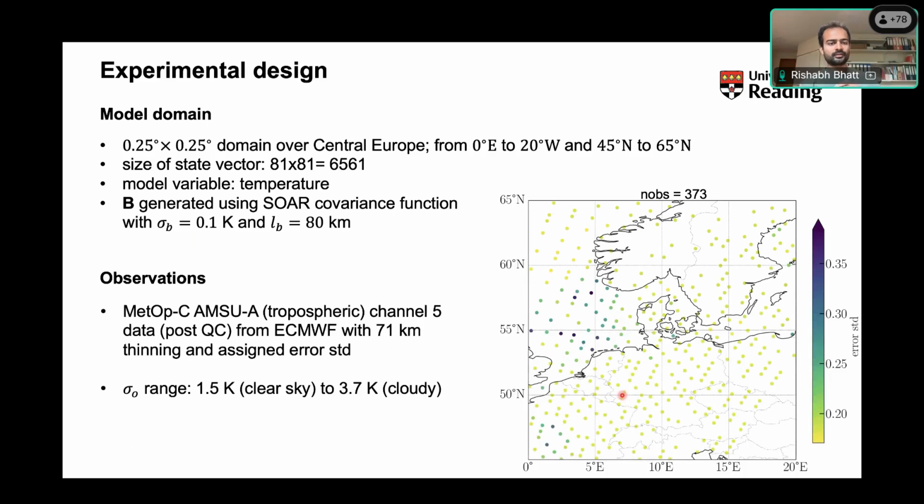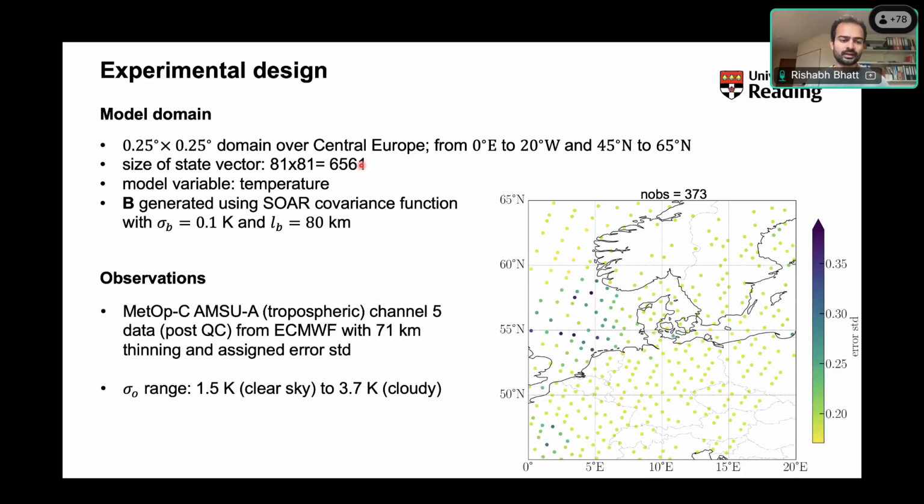We just consider a model domain over Central Europe at 0.25 degrees, which amounts to a state vector of 6,500. The model variable we have considered is temperature.